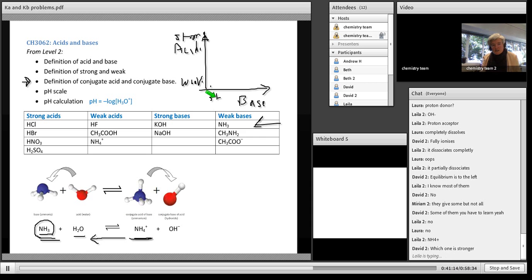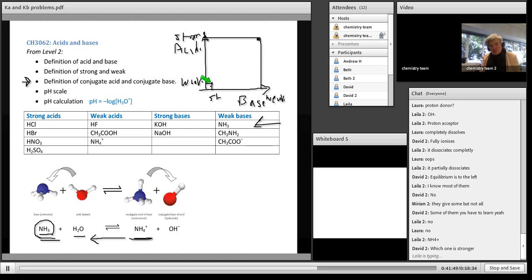A strong acid has a weak conjugate base. A strong base will have a weak conjugate acid.